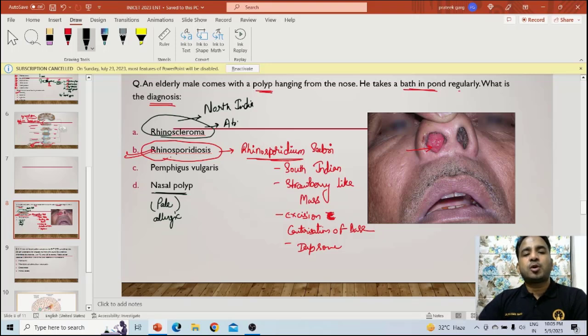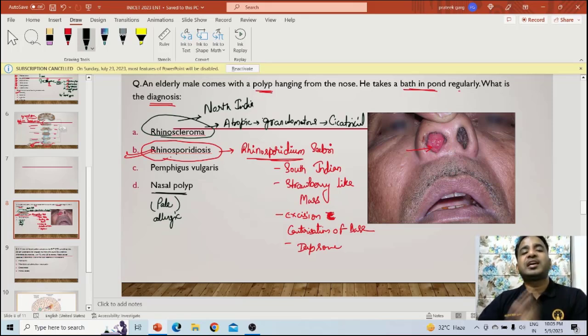The first stage is atrophic, like atrophic rhinitis, where the mucosa, the nerves and the blood vessels get damaged. Then the next stage is the granulomatous stage, where a big granuloma forms. And the last stage is the stenosis, cicatricial stage, where there will be stenosis of the nose.